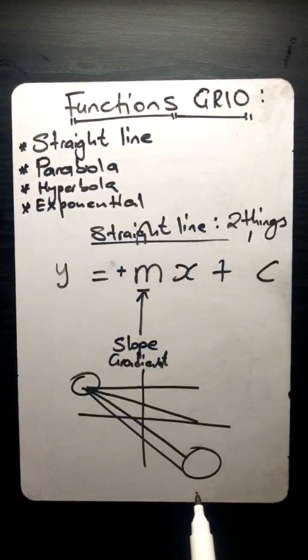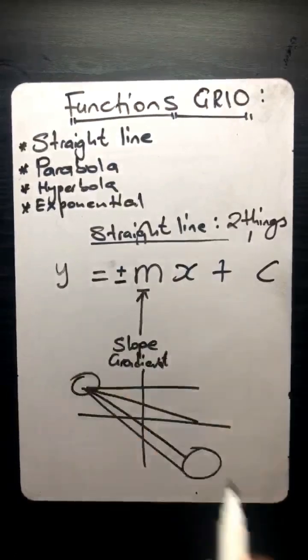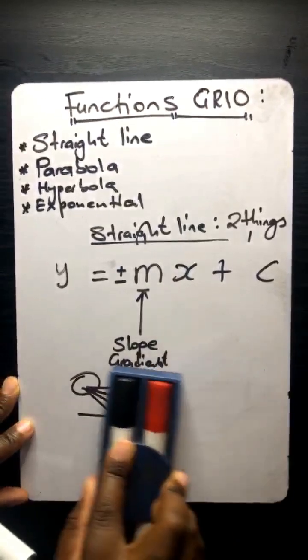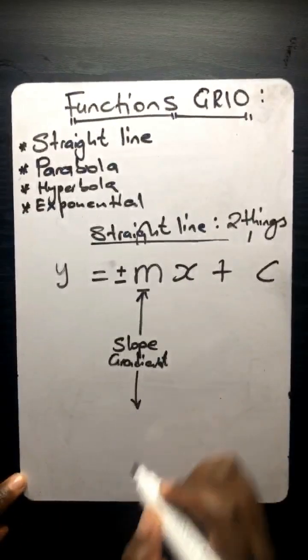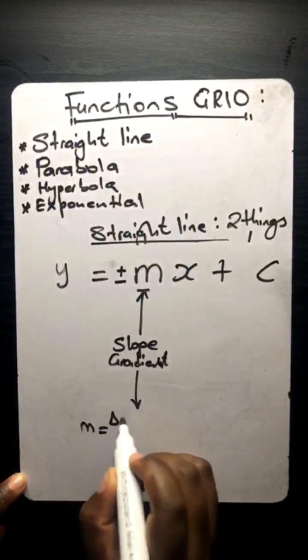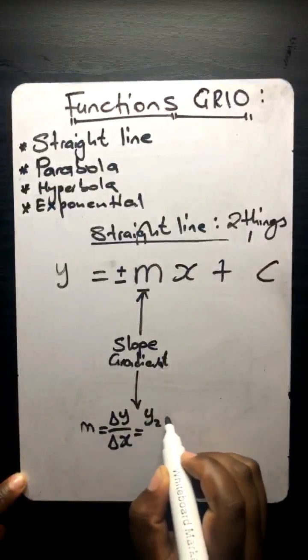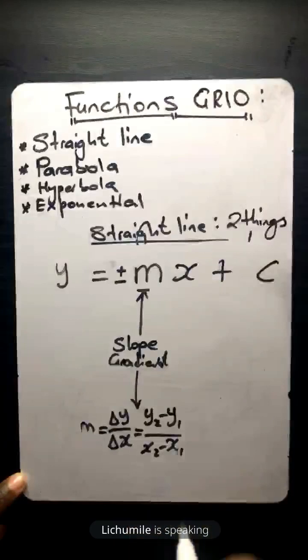So that is why we say this is a gradient that has a negative slope or gradient. So just always remember that m refers to the gradient or the slope, and most importantly, it has a formula being a change in y over change in x, which is y2 minus y1 over x2 minus x1.